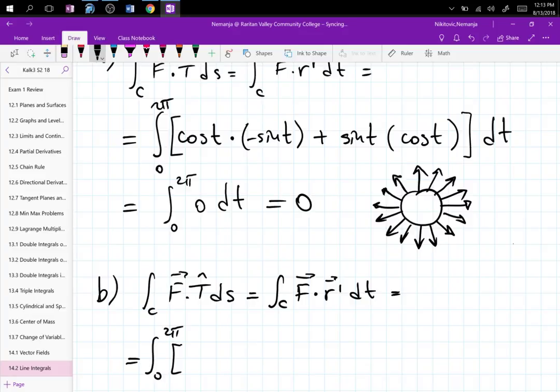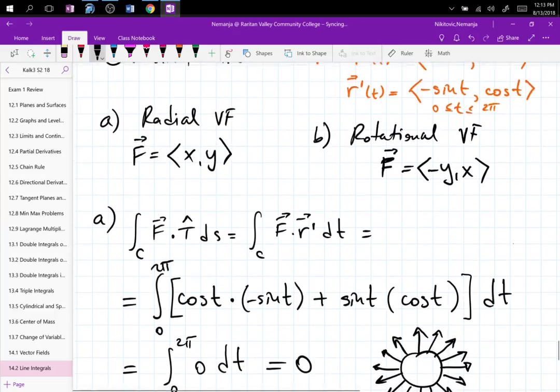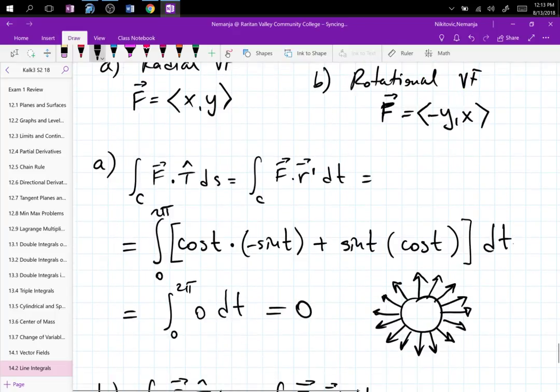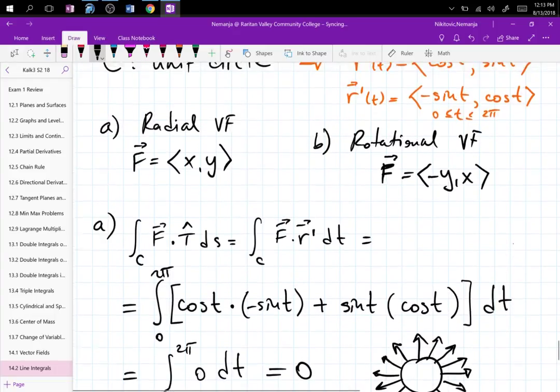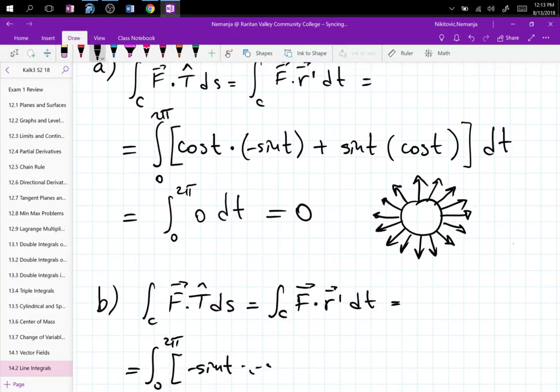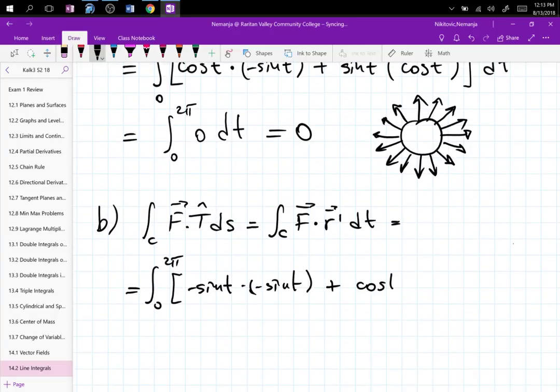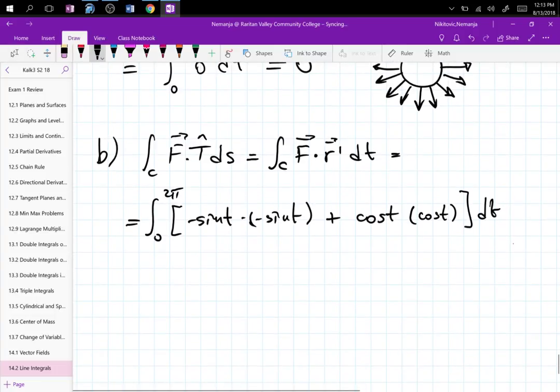So what's negative y? Negative y is negative sine t times dx, which is also negative sine t, plus, you will see this is going to work out to be cosine t times cosine t, and everything dt. What you are integrating is 1 dt for a total of 2 pi.